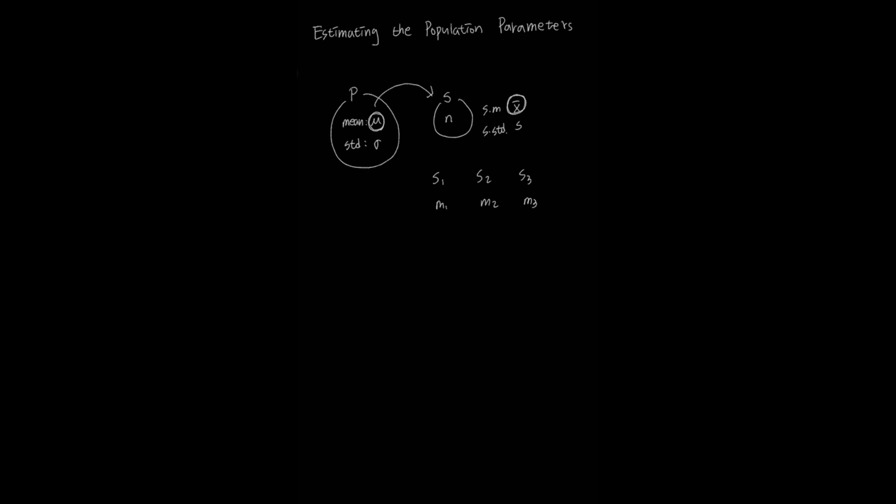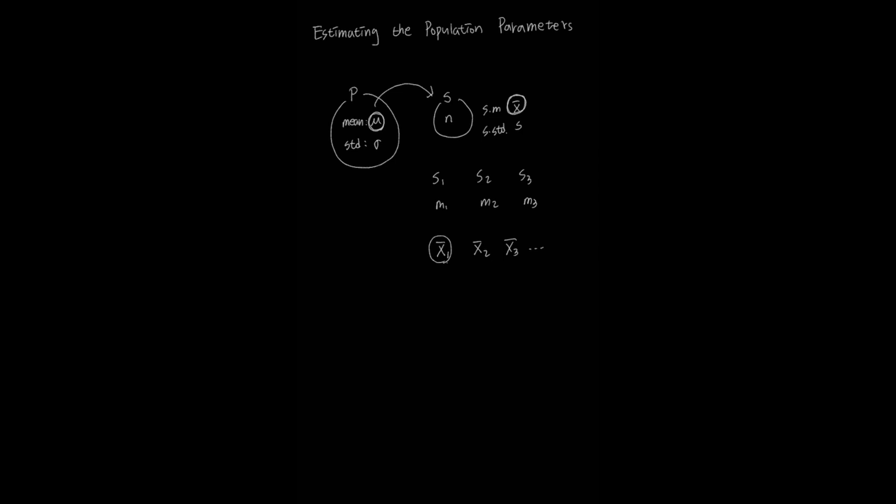And this is actually a problem, because we want to infer the mean of the population with x bar, which is the mean of the sample. But if we know that the sample mean varies every time, then we will get a different estimator for the population mean every time.